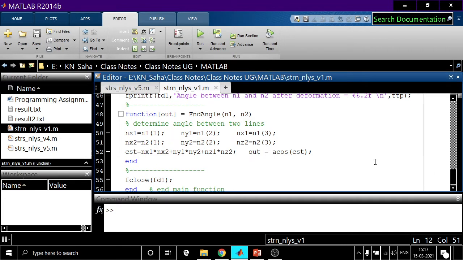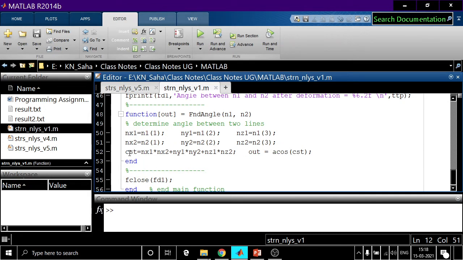So this is the function. Here n1 and n2 are the two vectors containing the direction cosines of line 1 and line 2. And this is what we are making from n1, the alpha, beta and gamma values of line 1, and here again alpha, beta and gamma values of line 2. What next?